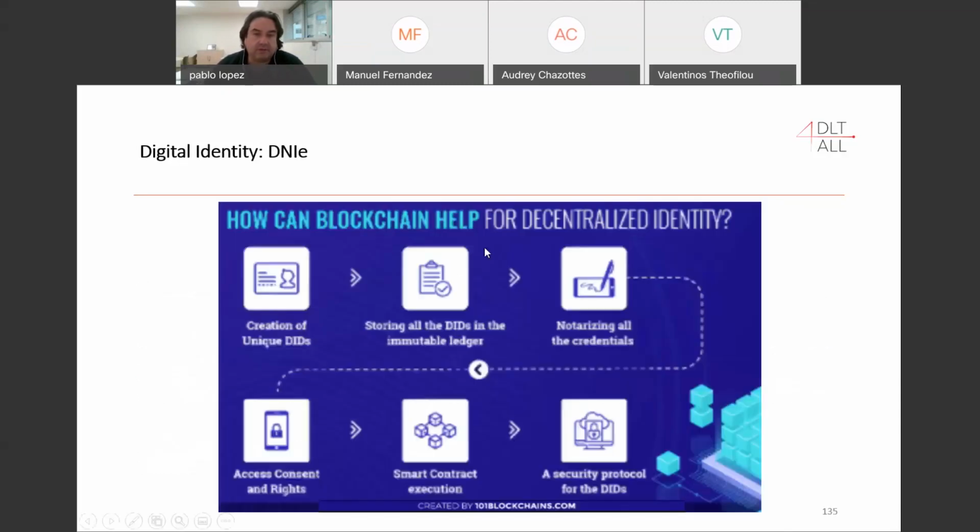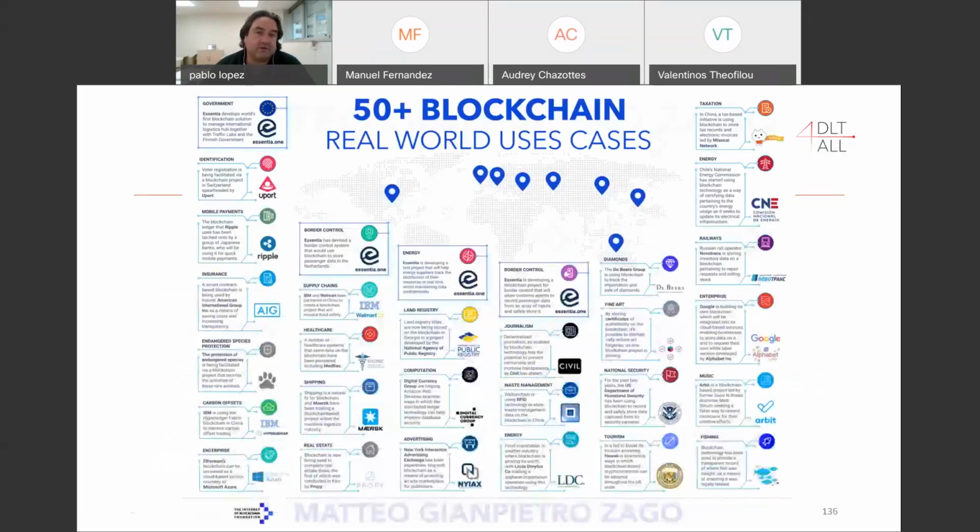Well, more explanation about that. Okay, credentials, and for finishing, let's see the blockchain real use cases. Fortunately we have passed the first proof of concept series, and now we are talking about real world use cases.